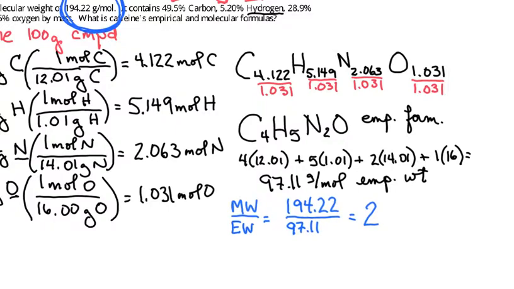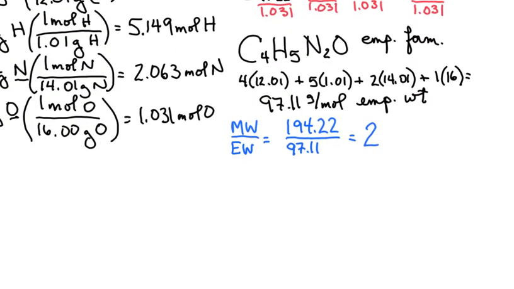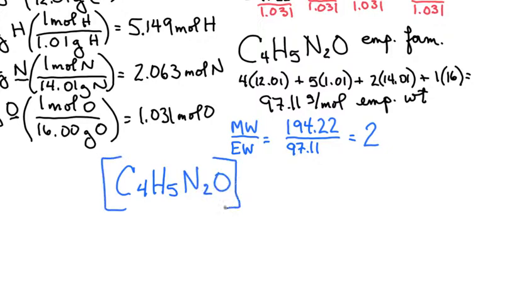In order to make this into the molecular formula then, we take our empirical C4H5N2O and multiply everything in there by 2. So C4 times 2 gives us C8. H5 times 2 gives us H10.